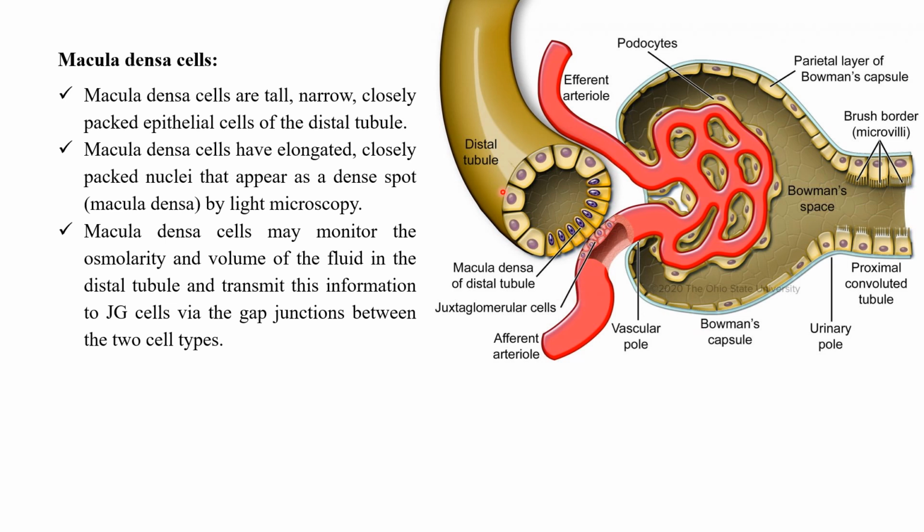The osmolarity of the fluid and the water content in the distal tubule are sensed by these macula densa cells. They act as baroreceptors, and that signal will be transmitted to the JG cells, based on which the JG cells either secrete renin or stop secreting renin.